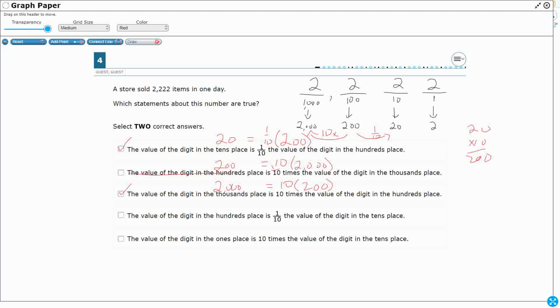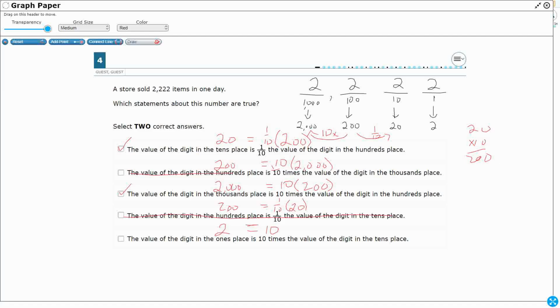Now, the value of the digit in the hundreds place is 200, is 1/10 the value of the digit in the tens place. Now that's if I go by 1/10, that's going to make it smaller, and I need to make it larger to get up to the 200. Then the value of the digit in the ones place, 2, is 10 times the value of the digit in the tens place.